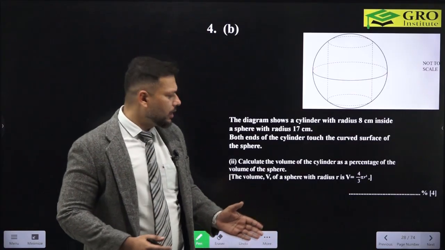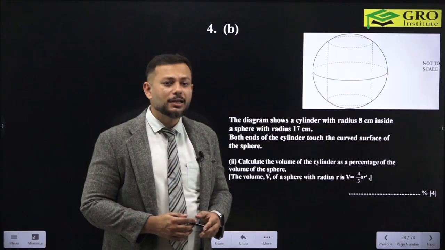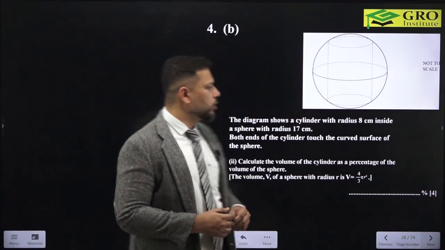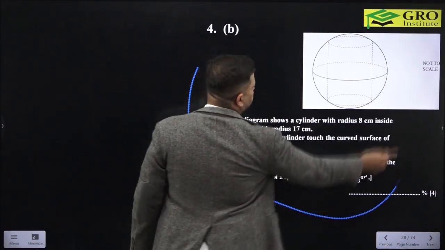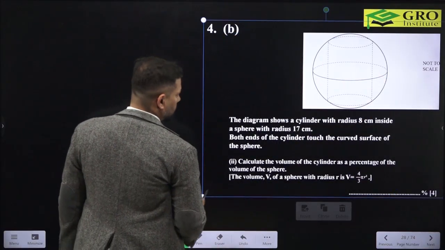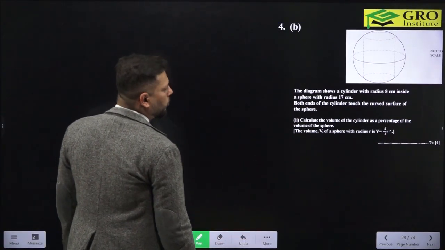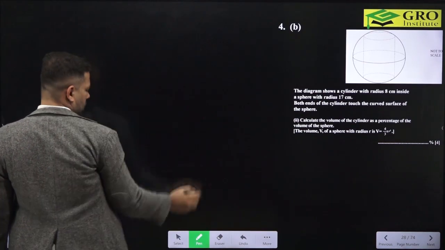Do we remember the volume of a cylinder? Volume of a cylinder is pi r square h. So we are going to use that. Let us make more space for our working. I hope it's still visible to all of you.